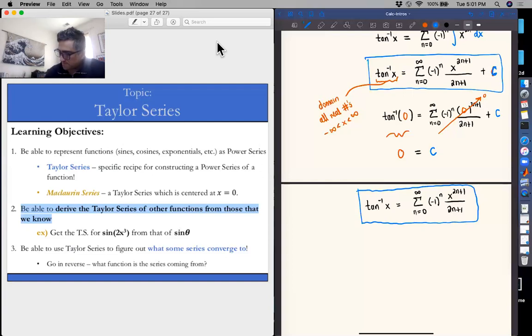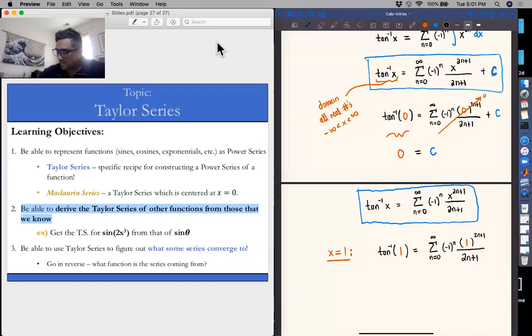So for example, if I do x equals 1, we have that the arctangent of 1 is equal to that series we just found, from n equals 0 to infinity of (-1)^n times 1 raised to the 2n plus 1 power, which is always just going to give us a 1 in that numerator, all divided by 2n plus 1.